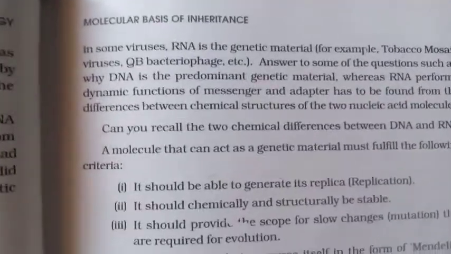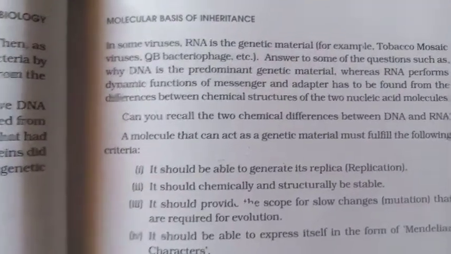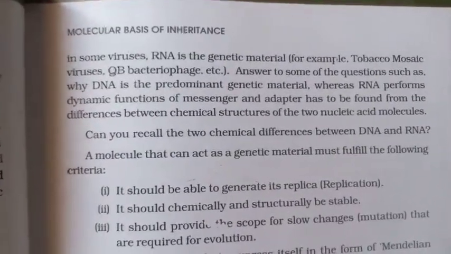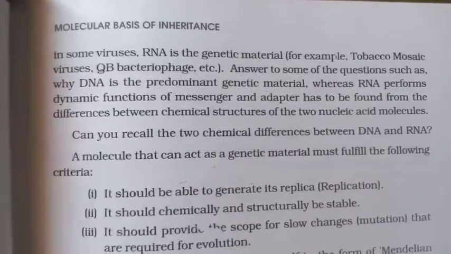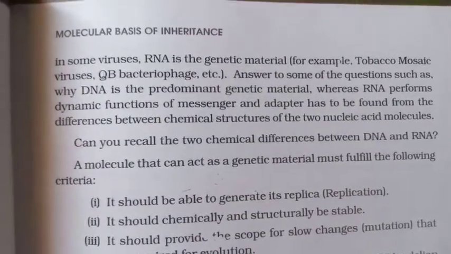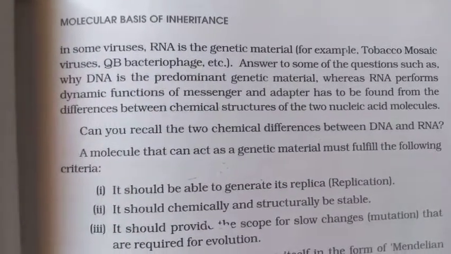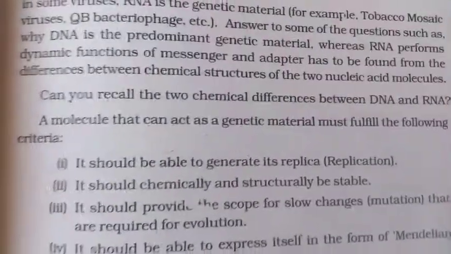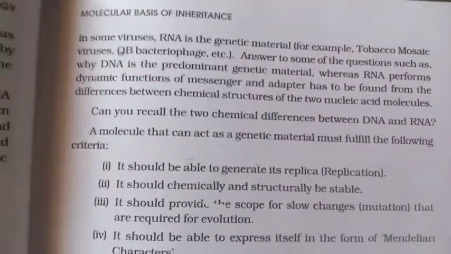Now what should be the different properties that are essential for a particular molecule to act as a hereditary material? We are going to look at that now. A molecule that can act as a genetic material must fulfill the following criteria.